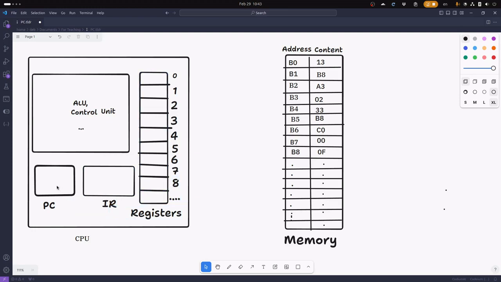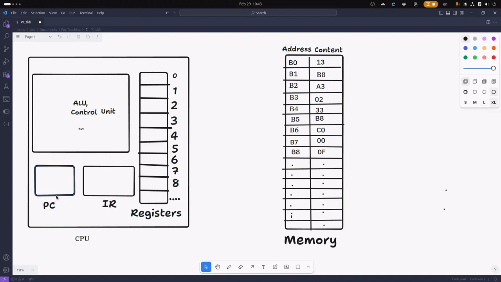This is our program counter, and this is the instruction register. These are special purpose registers.